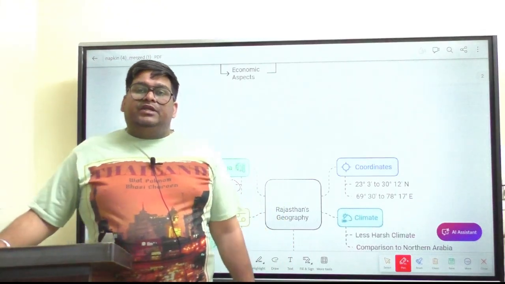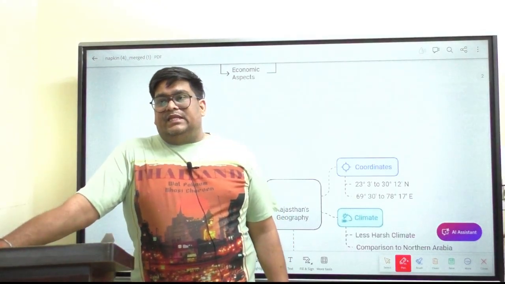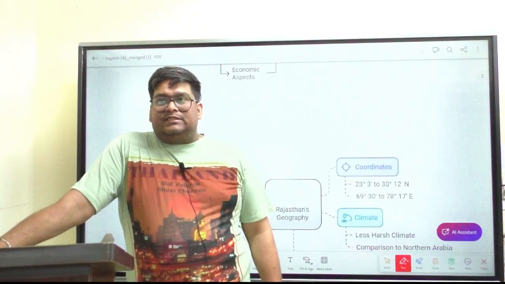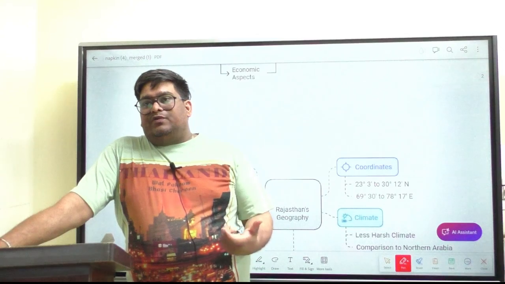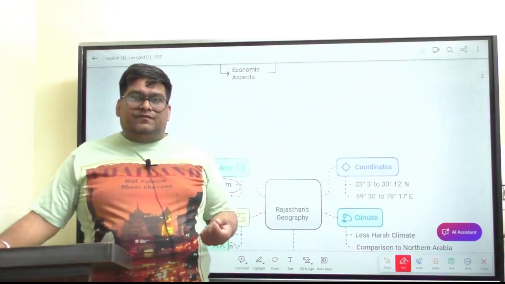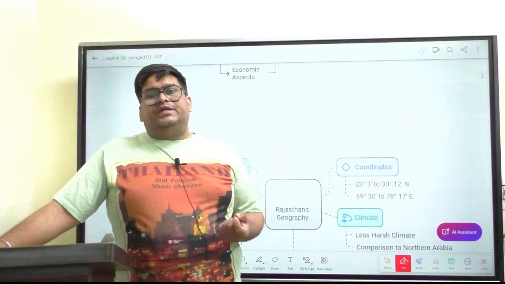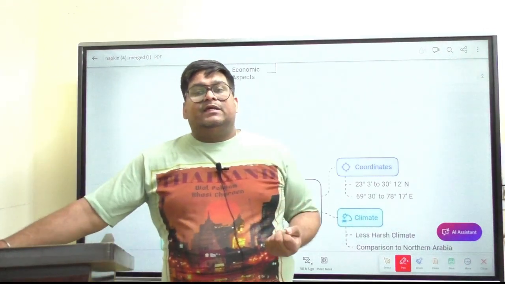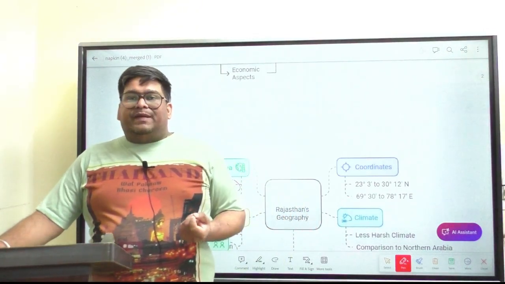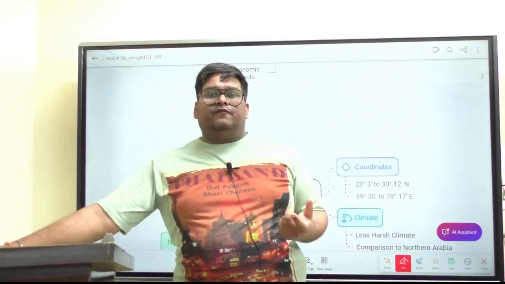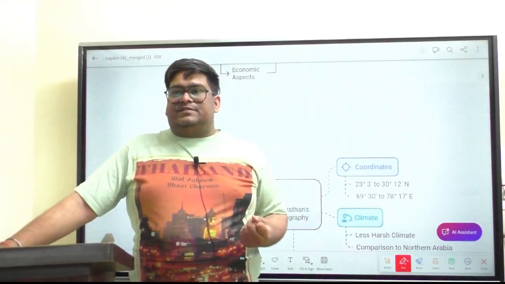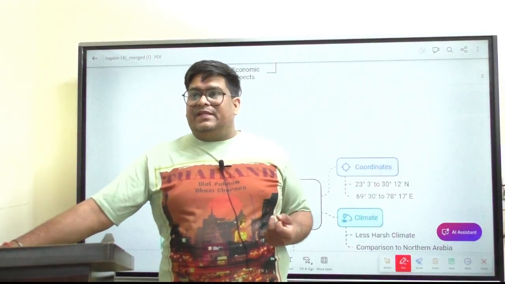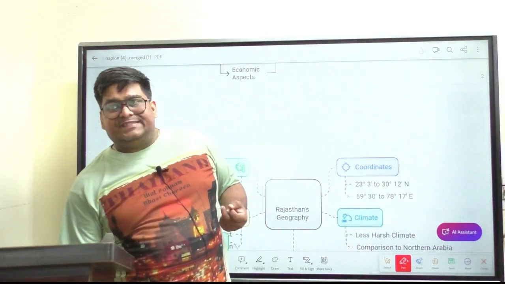In terms of latitude and longitude, the latitudinal stretch of Rajasthan lies between around 23 degree 3 minutes to around 30 degree 12 minutes north. That means it lies in the northern hemisphere. Similarly, the longitudinal stretch of Rajasthan runs from 69 degree 30 minutes to around 78 degree 17 minutes east.